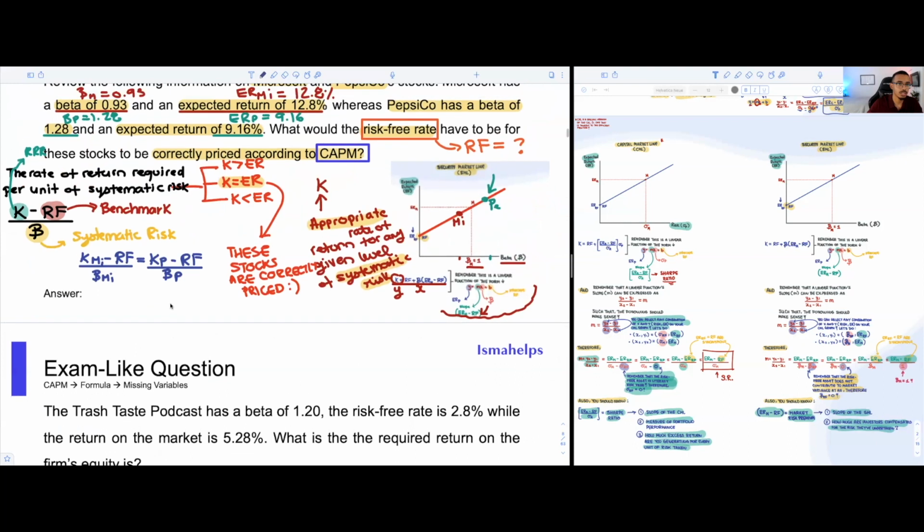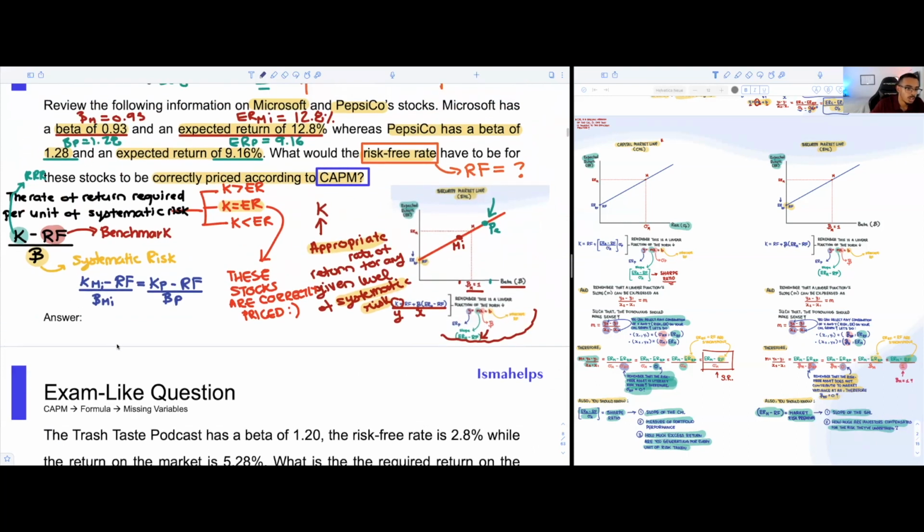So if we take 12.8% minus X over 0.93, and that's going to be equal to 9.16% minus RF over 1.28, we're going to get RF. It's as simple as that.